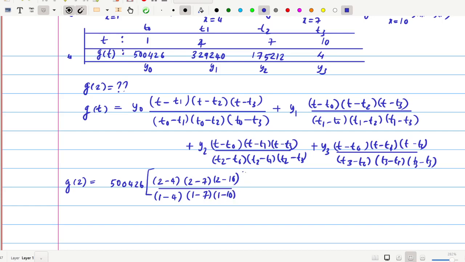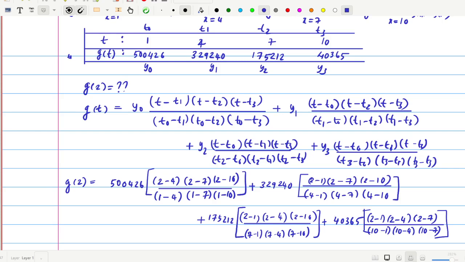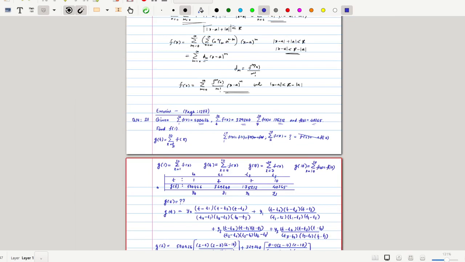So this is the first term, plus y1 and so on, and we replace all the values of y1, y2, and t0, t1, t2, t3. So these are the values obtained by substituting. Now we simplify this.